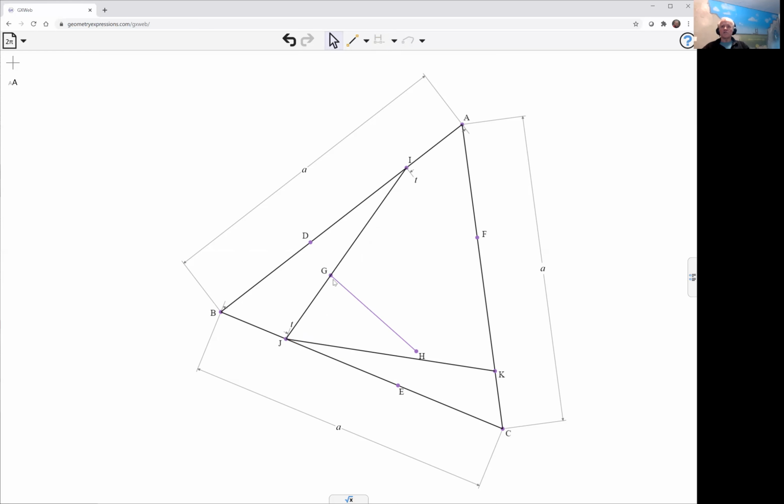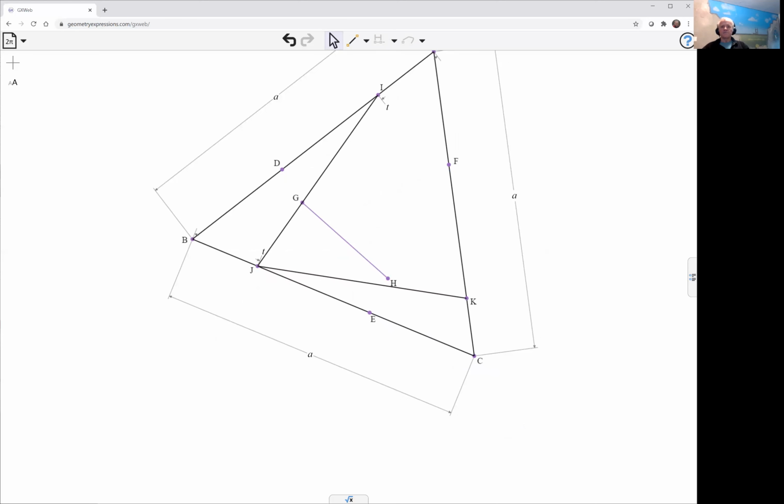And I want you to notice, look, G looks like it sits on that line. Let's just verify that. We can do that by asking for the symbolic distance between G and IJ, and we get that symbolically 0. That means it does lie on it.